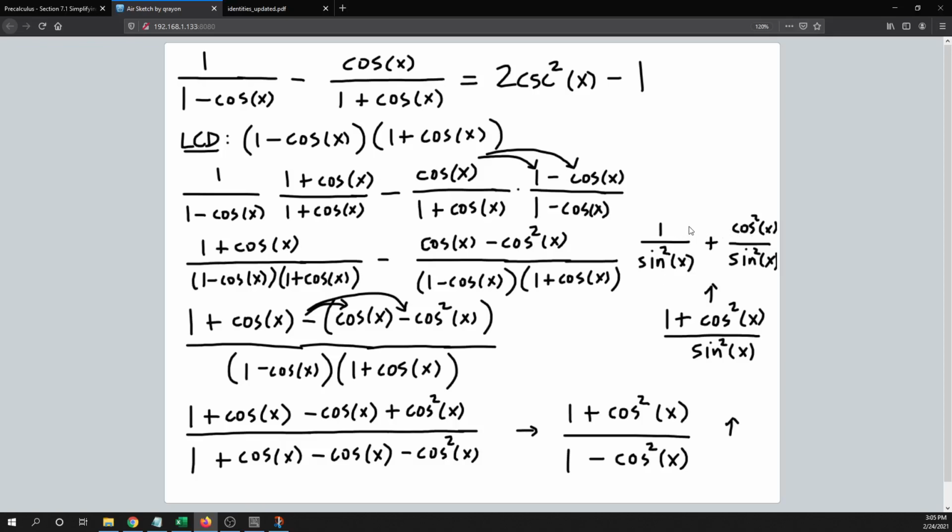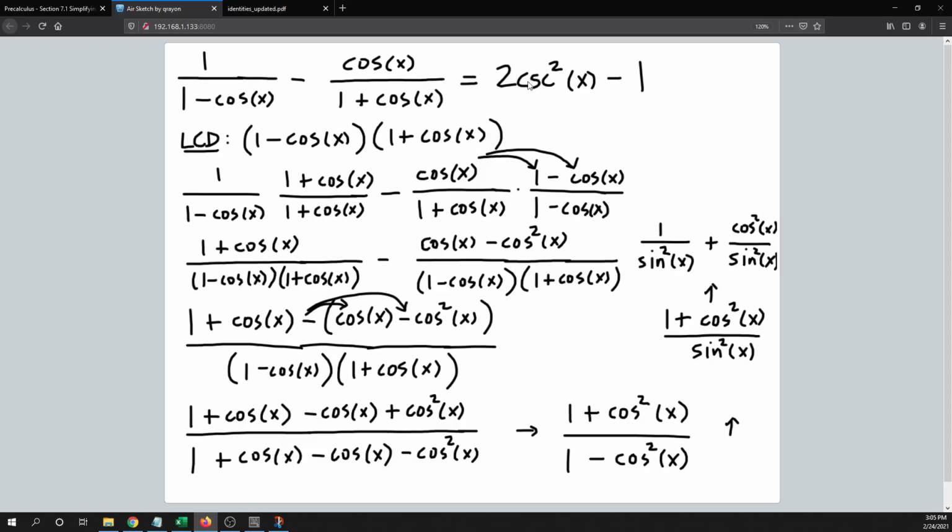And we're going to see in a minute that's going to be closer to what we want right here, which is this 2 cosecant squared minus 1 thing. Okay, all right, so now where do we go from there?